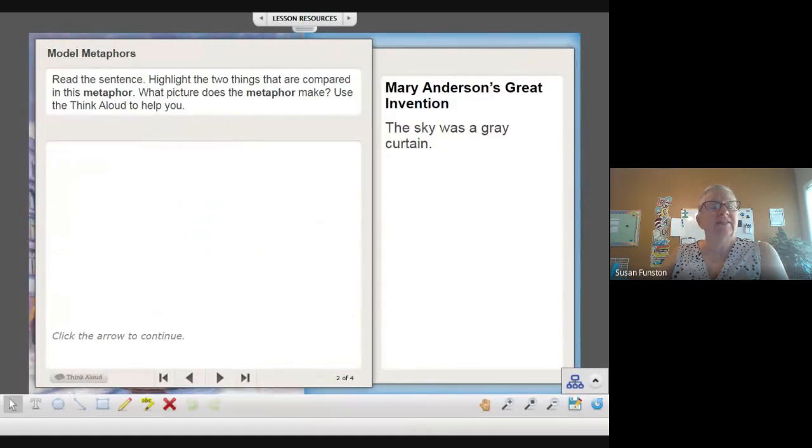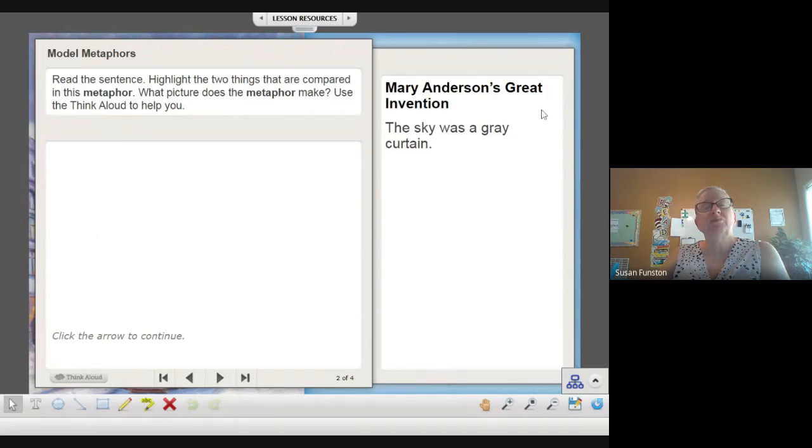Okay, read the sentence, highlight the two things that are compared in this metaphor. What picture does the metaphor make? So Mary Anderson's great invention, the sky was a gray curtain. So what are the two things that we're comparing? That's right, we're comparing the sky to a gray curtain.